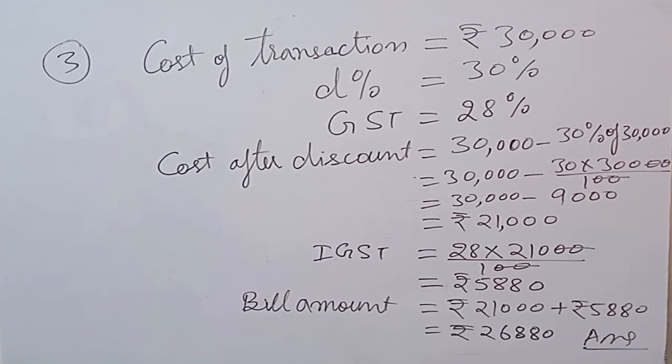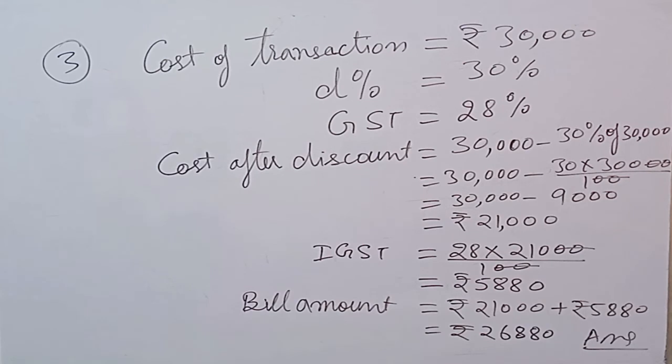First we will find the cost after discount: 30,000 minus 30% of 30,000, that is 30,000 minus 30 into 30,000 upon 100, that is 30,000 minus 9,000, that is rupees 21,000. So the cost after discount is rupees 21,000.